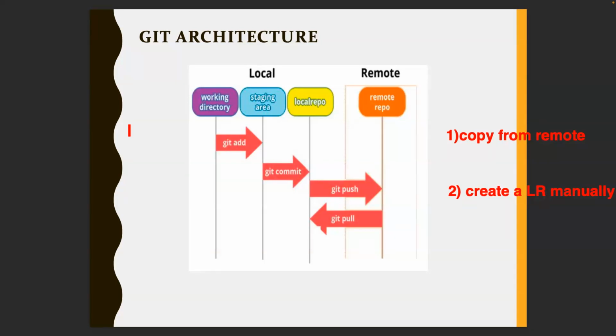Suppose in a Windows machine, folders will be there, and in folders again some subfolders. So the local repository is a kind of folder, and the working directory a kind of subfolder. Yes, local repository and working directory is nothing but a folder.